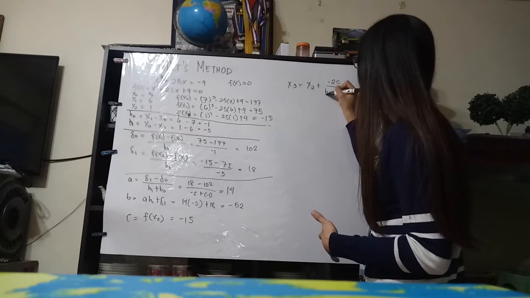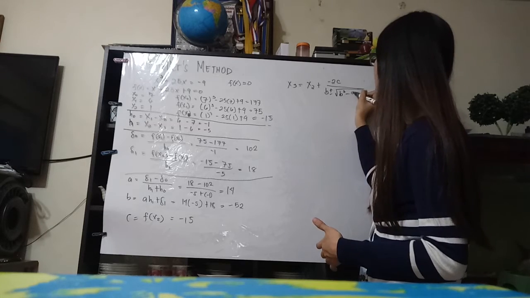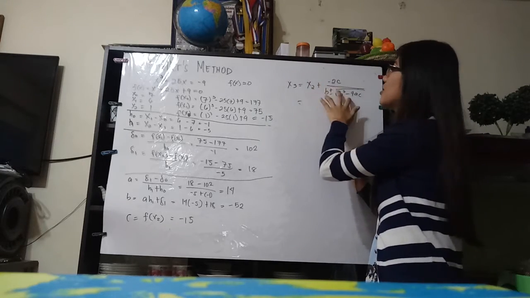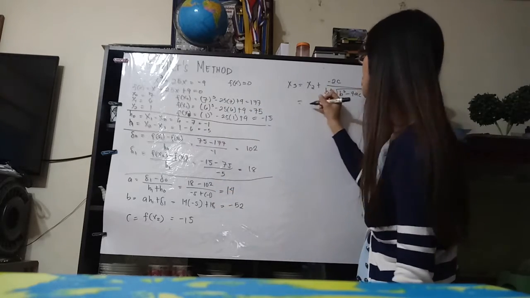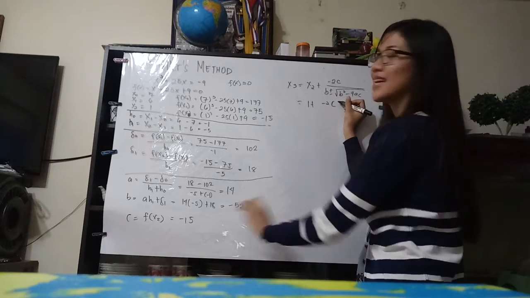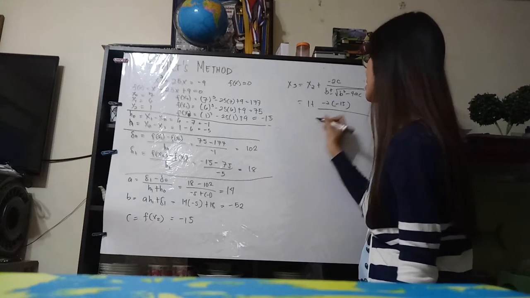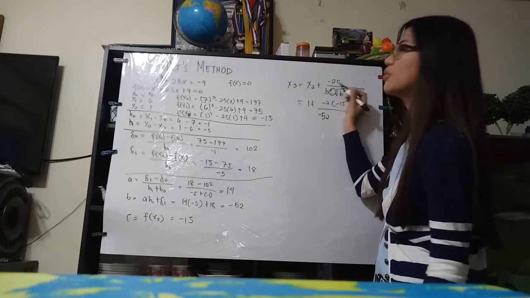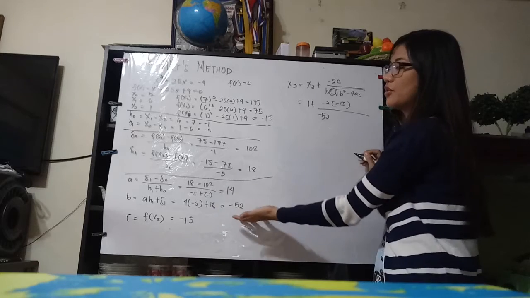Then we're just going to substitute the values that we got from here. So x2 is 1 plus negative 2 times our c, which is negative 15, over b, which is negative 52. Now for the sign here, we will choose the sign according to the sign of our b.